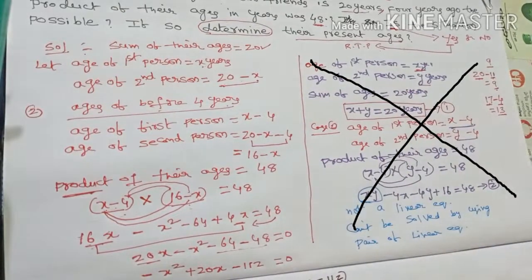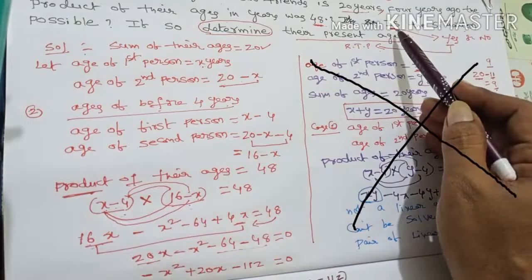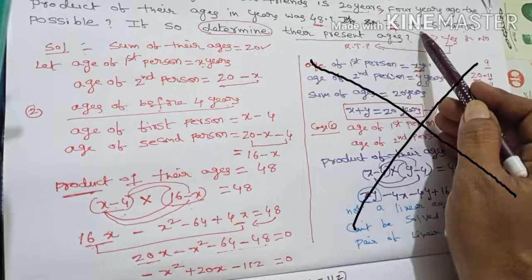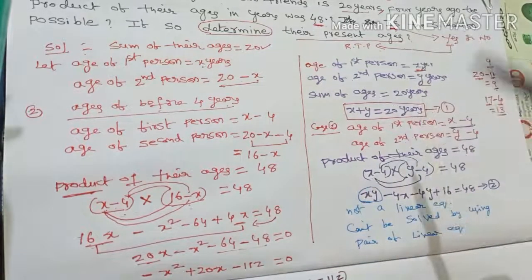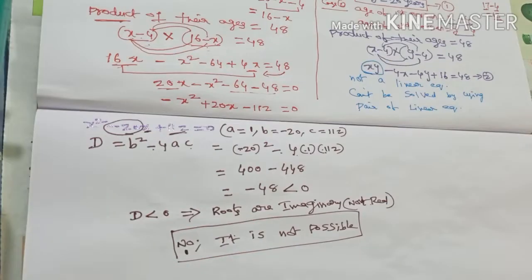Therefore, here I get no. Therefore, there is no continuation of the problem. The problem will be ended. Whenever the question starts with "is", it comes under reasoning and proof. The answer will be yes or no. Here yes means the roots will be real. If the roots are not real, the answer is no. Whenever you conclude no, there is no scope for finding to determine their ages.